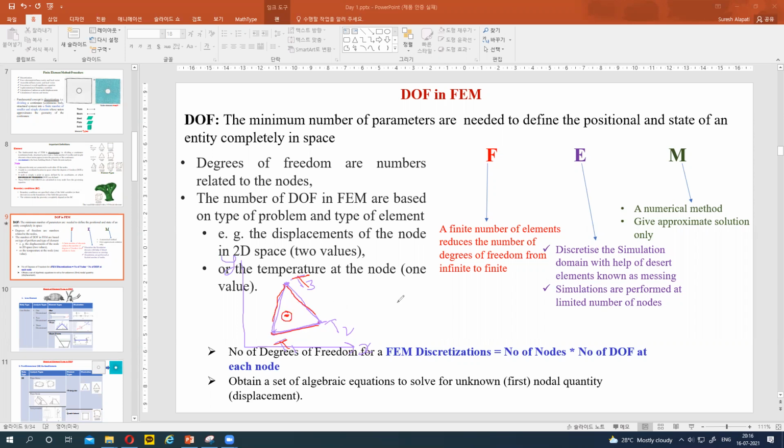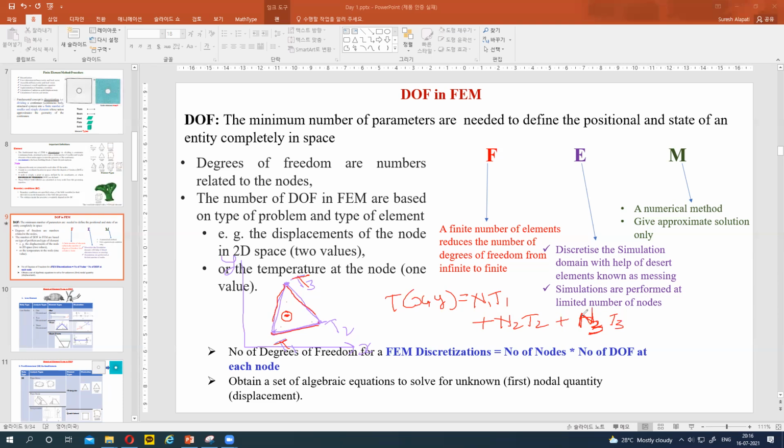So we use a shape function, or interpolation function. The temperature at any point (x, y) is equal to N1 T1 plus N2 T2 plus N3 T3. N1, N2, and N3 are called shape functions.